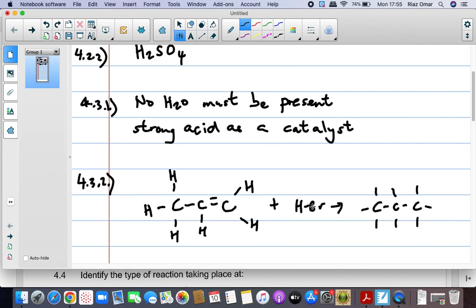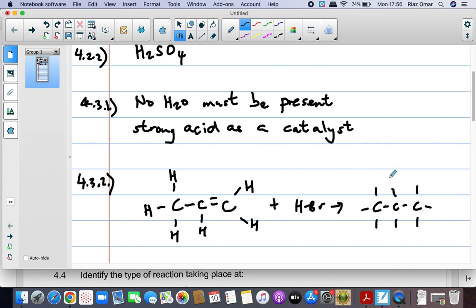And the rule that we know of is the bromine will attach to the carbon that has the least number of hydrogen attachments. The carbon at the end has 2 hydrogens, and the middle carbon is only attached to 1 hydrogen. So the bromine will attach to the carbon with the least hydrogen. So it will be here.